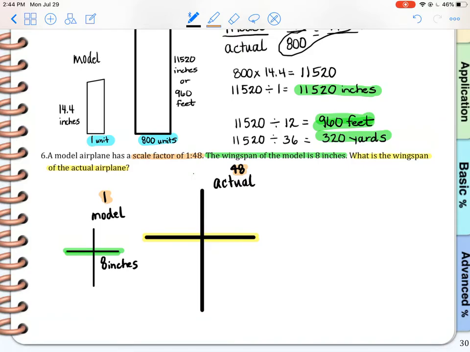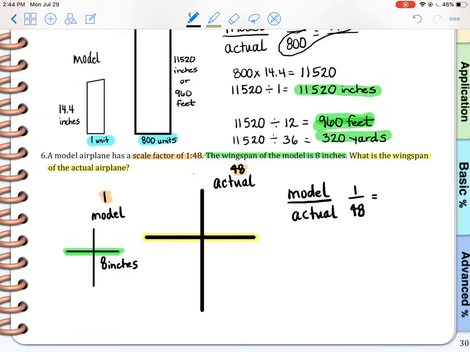So to find the answer to the question, what is the wingspan of the actual plane, I am comparing the model to the actual aircraft. So maybe at Boeing, in the engineer's office, there sits this little model that is 1/48 of the actual plane.